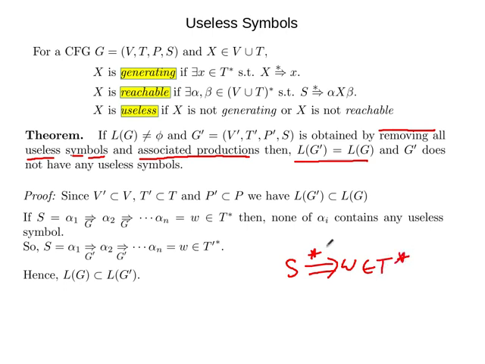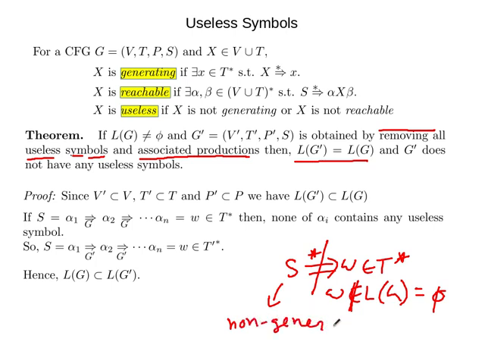Because if you have this thing, then this W would be in this language, but there is no W which is in this language, right? This is empty. So that means your S itself is non-generating.